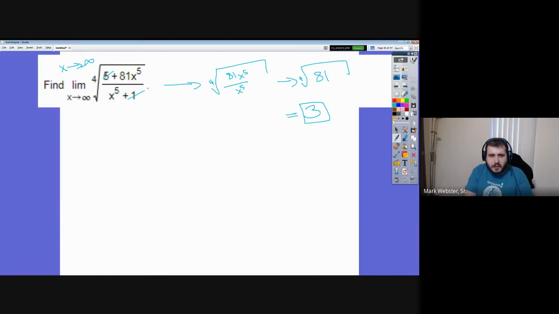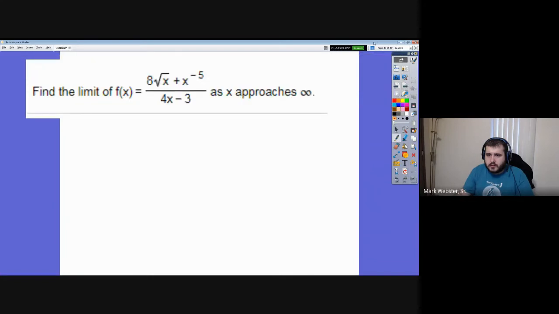So look at what we did. We canceled out the parts that aren't going to follow us to infinity land. We got this going on, right? And then we simplified our fraction, and then we actually solved it. Do another one. And this is the same idea here. Again, we're going to look at these things here.